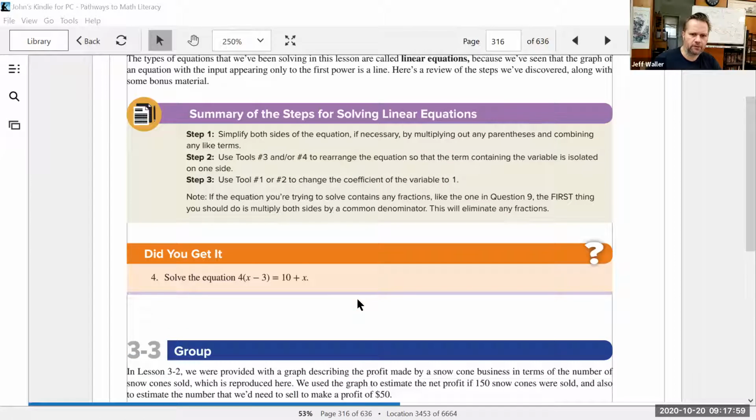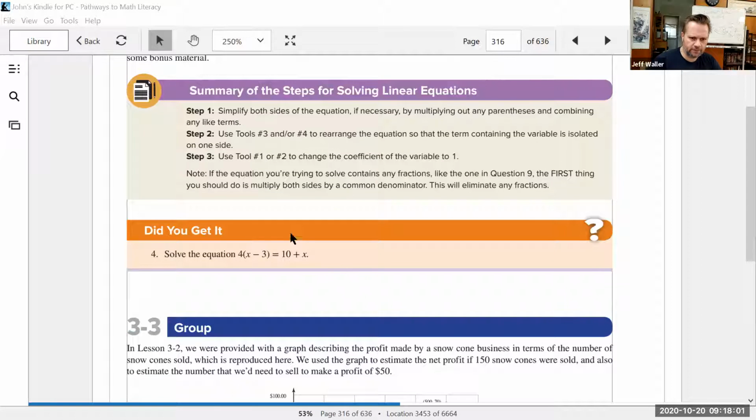So here's a little review from what we did last time. Can you guys go ahead and solve this number 4 here? Let's see if you guys remember this.